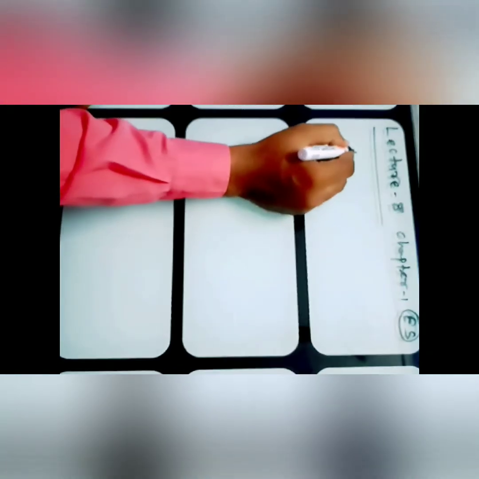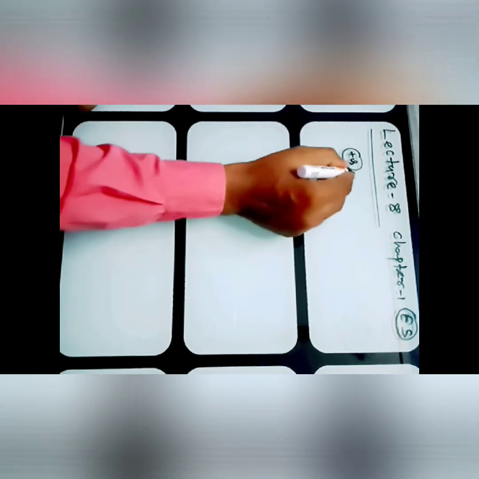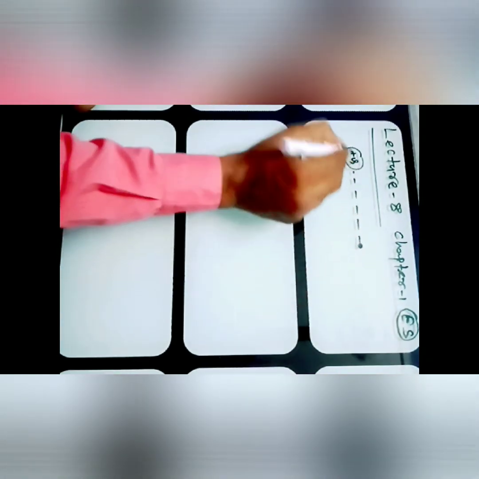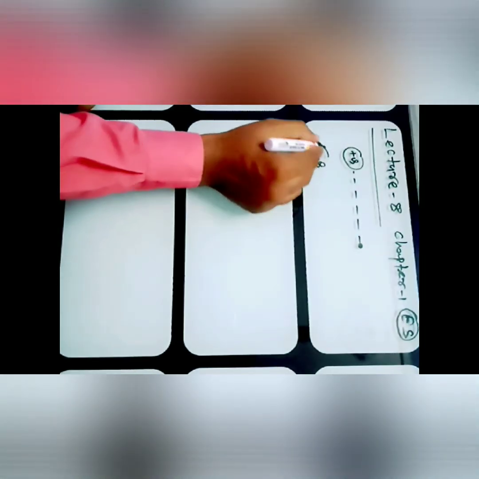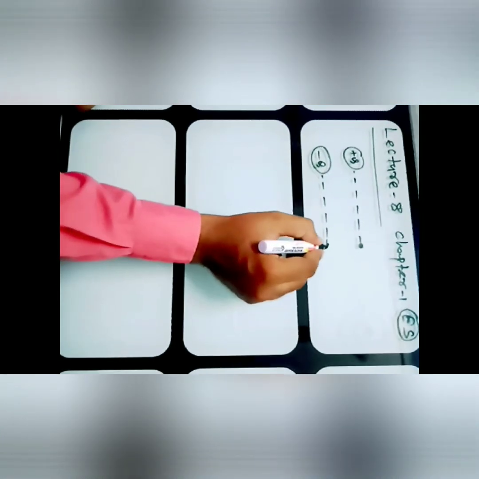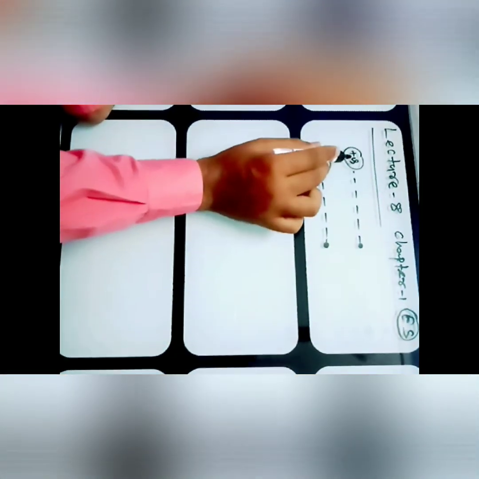Okay, students. To find the direction of electric field, you know that if this is a positive charge and you wish to find the direction of electric field of this charge at this point, what do you have to do? If this is a negative charge, to find the direction of field at this arbitrary point, you have to find the direction of field due to this charge.